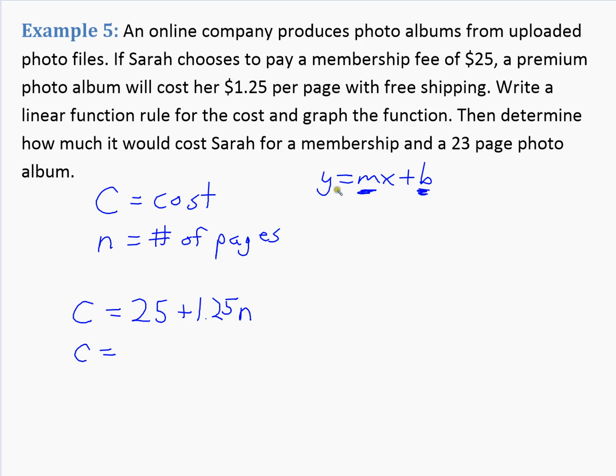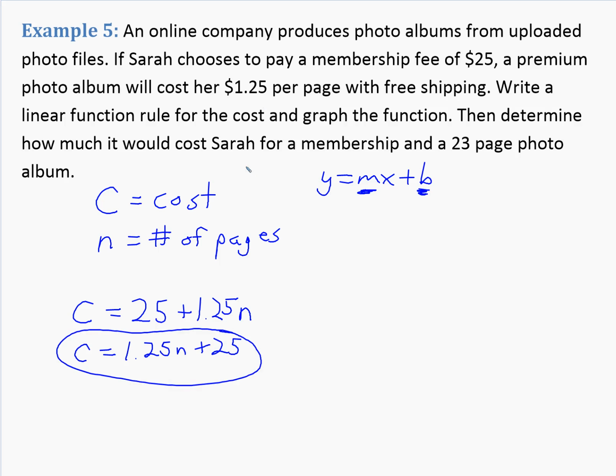We don't have a y and an x, we have a C and an N. So I'm going to put the N term first, just like we usually have the x term first, and then I'll put the constant. So here's what the equation will look like: the cost is $1.25 times the number of pages, N, plus $25, which is the membership fee. And so that's part of the answer.